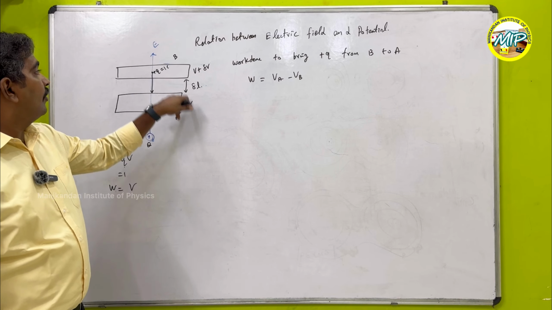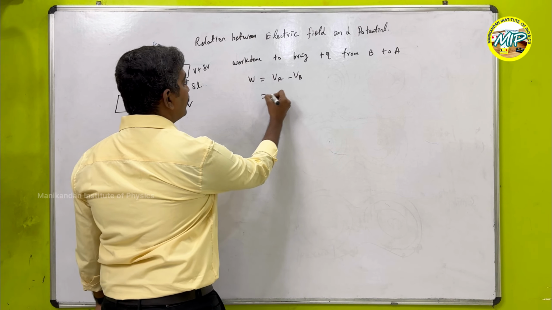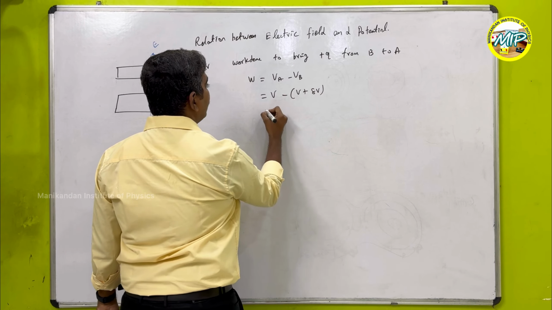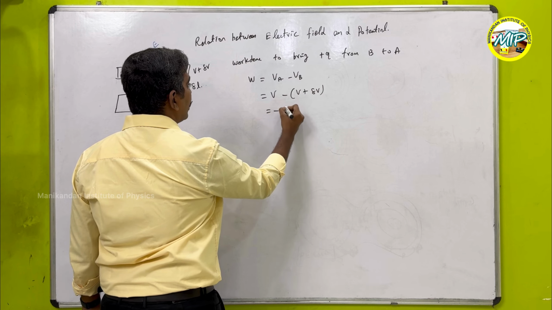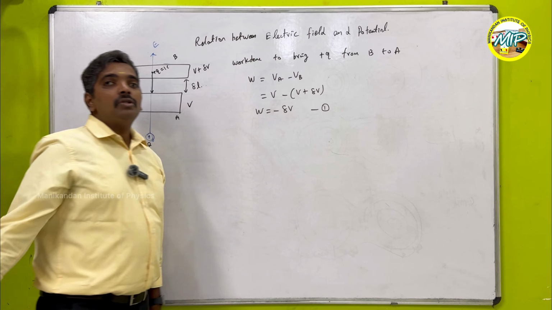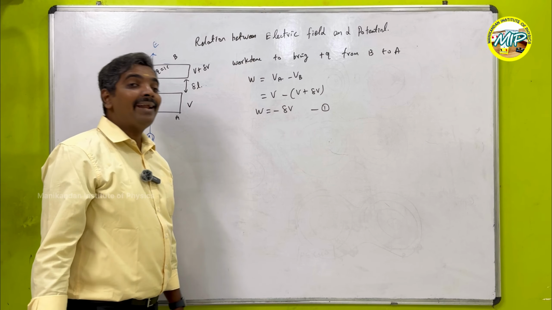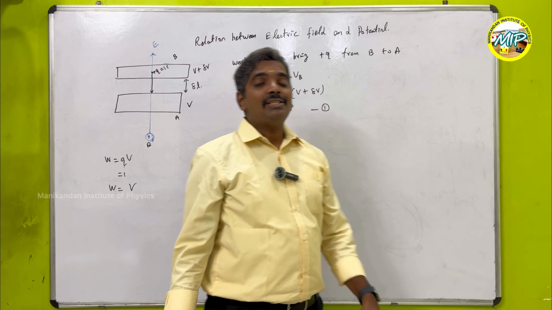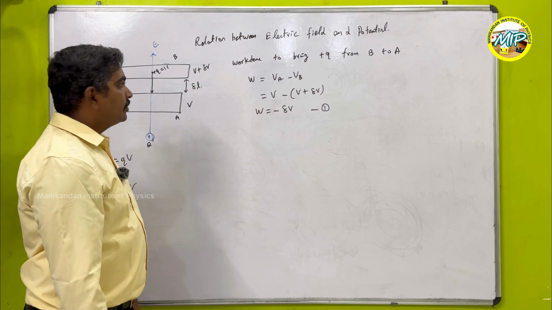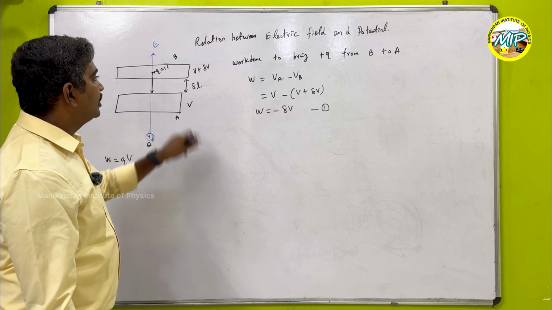This is my final, this is my initial. So VA equals V, minus VB equals V plus delta V. You can cancel these two, and I can simply write minus delta V. This is my work done. So my work done is nothing but minus delta V. The difference in the potential alone decides the work done; it does not depend upon V itself. This is equation 1.